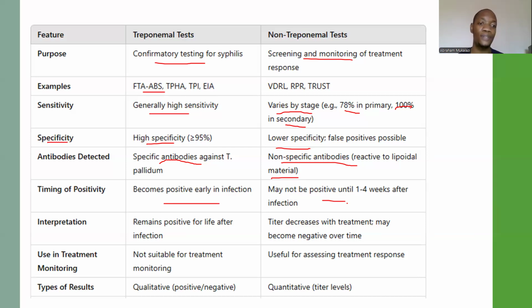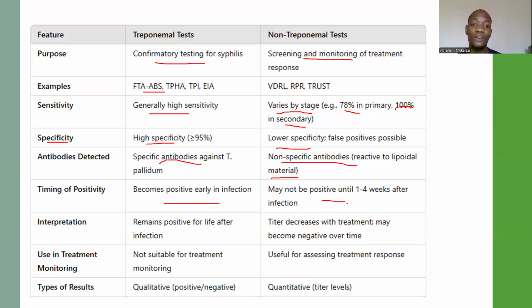When you look at the interpretation, for the treponema test you have antibodies against the bacteria itself. When you get an immune response, your body forms memory cells, so some of the antibodies remain as memory, and someone will remain positive for life.